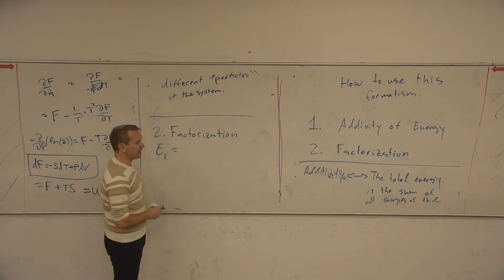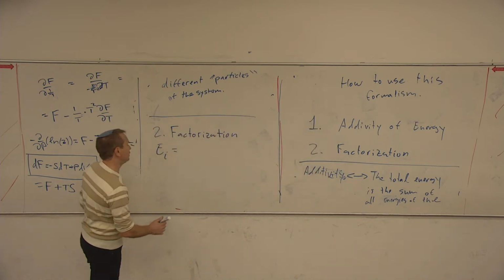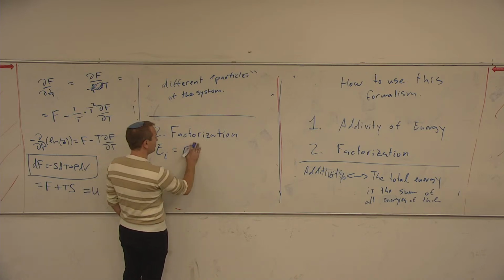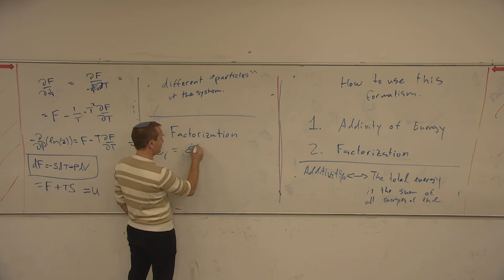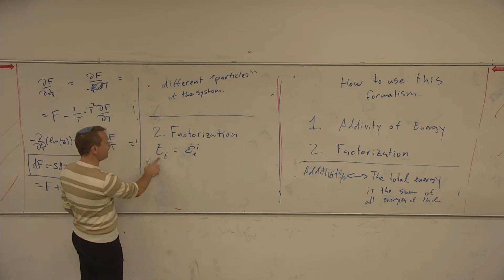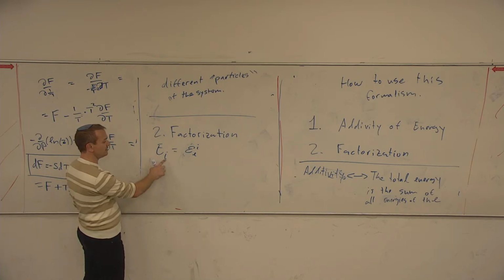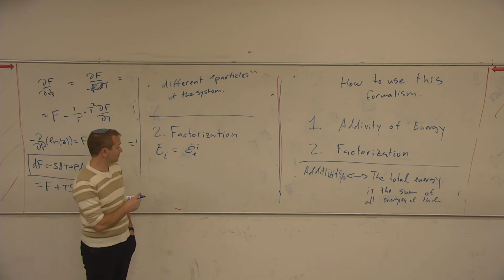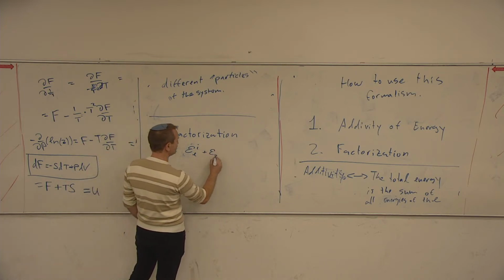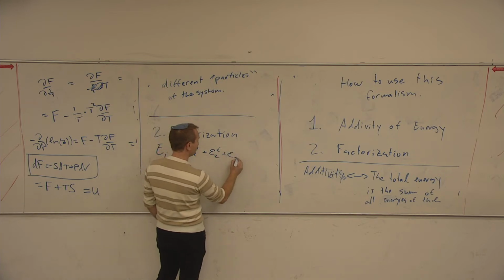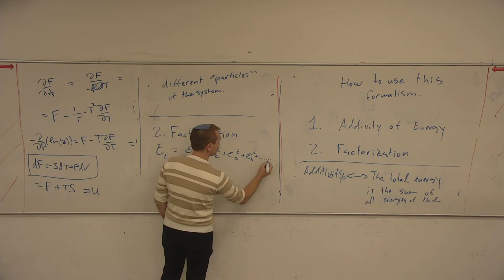And I'm assuming that I do have this additivity, so the total energy is equal to epsilon 1 I plus epsilon 2 I plus epsilon 3 I plus epsilon 4 I plus etc. etc. etc. E_I is the energy of the system when the system is in state I.